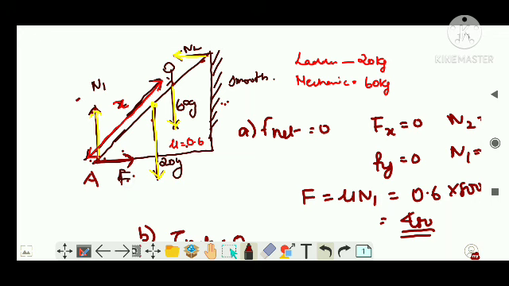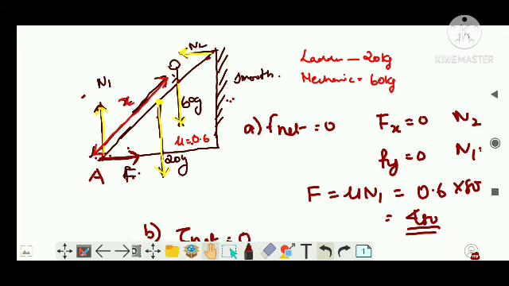Now I can write the torque due to N2. Torque due to N2 is force, that is N2, into the perpendicular distance from A. The ladder is 10 meter, and let's say this angle is 37 degree, so this distance will be 10 cos 37 degree.